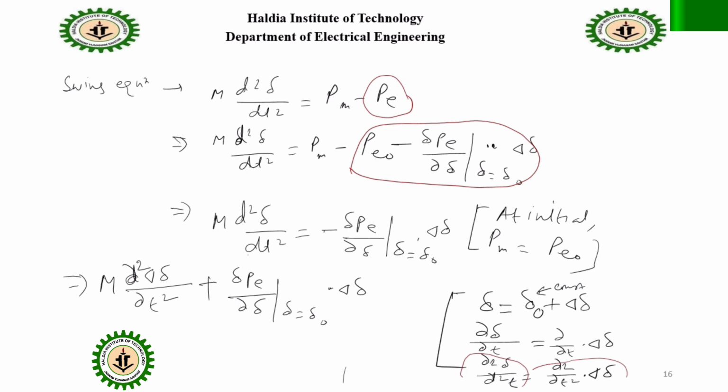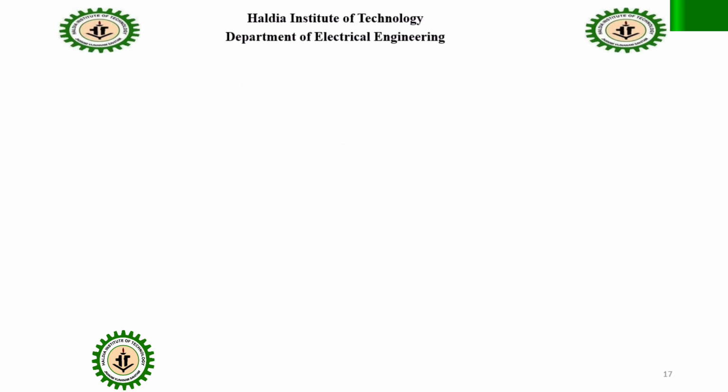So finally this is coming M into d²Δδ/dt² plus ∂Pe/∂δ into Δδ is equal to 0.